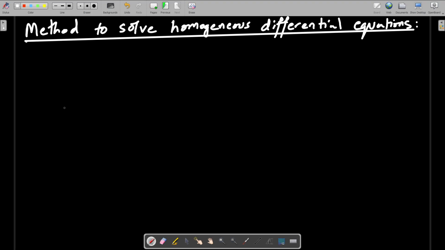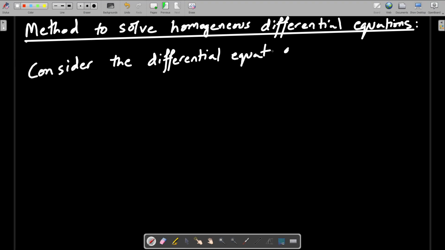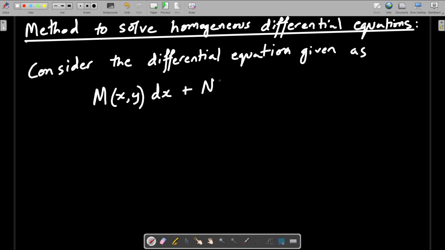Consider the differential equation given as M(x,y) dx plus N(x,y) dy equal to 0.